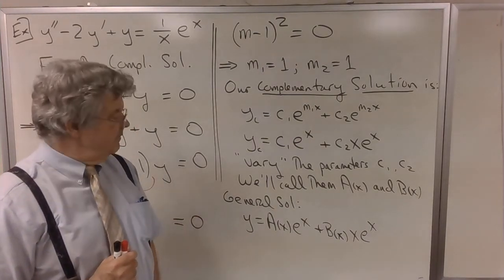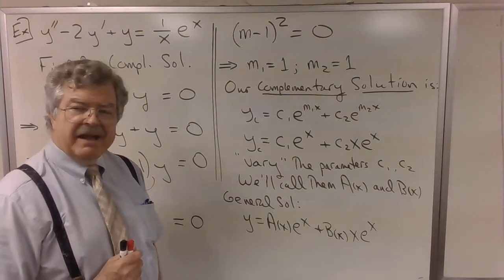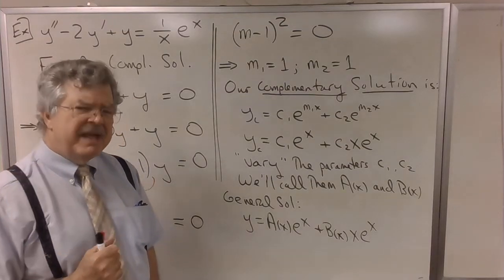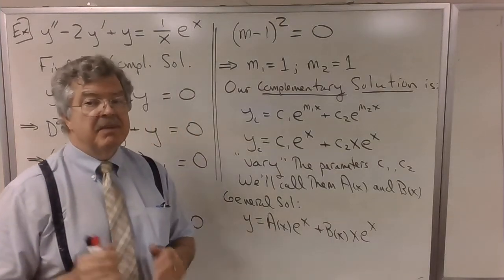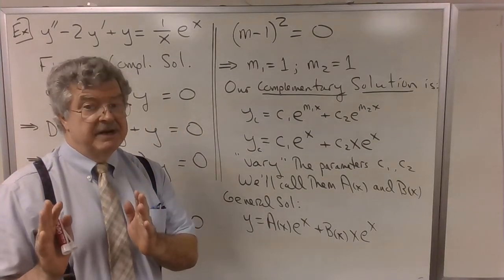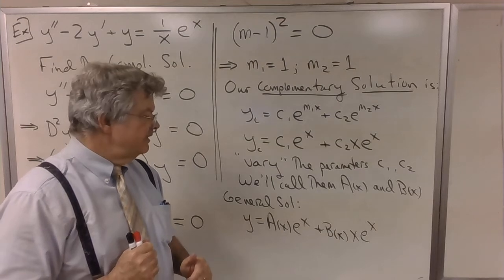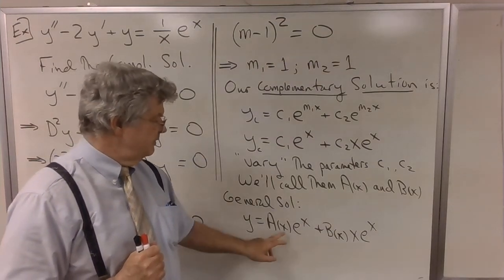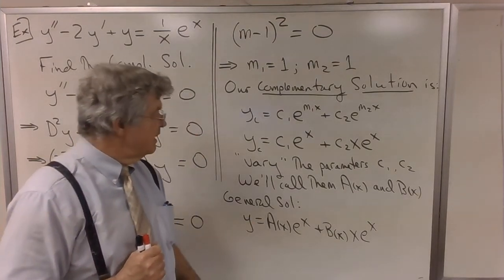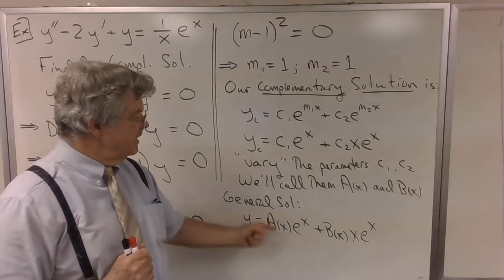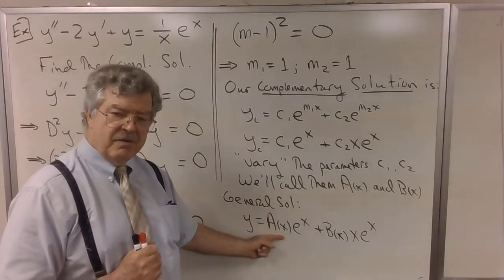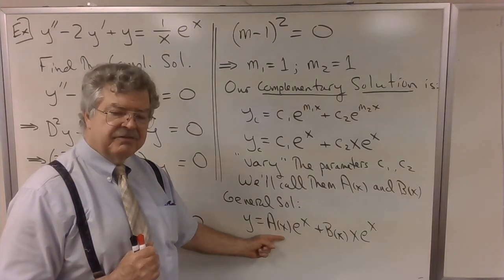Yesterday, we observed that there are infinitely many pairs of functions, a of x and b of x, and by the way, they do come in pairs, that will take the complementary solution and transform it into the general solution.